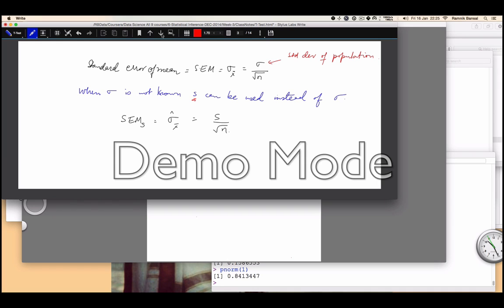Let's say we were to measure the average length of, say, nut bolts. Say a company is making these nut bolts, and because it's a mechanical process, the length will vary a little bit.